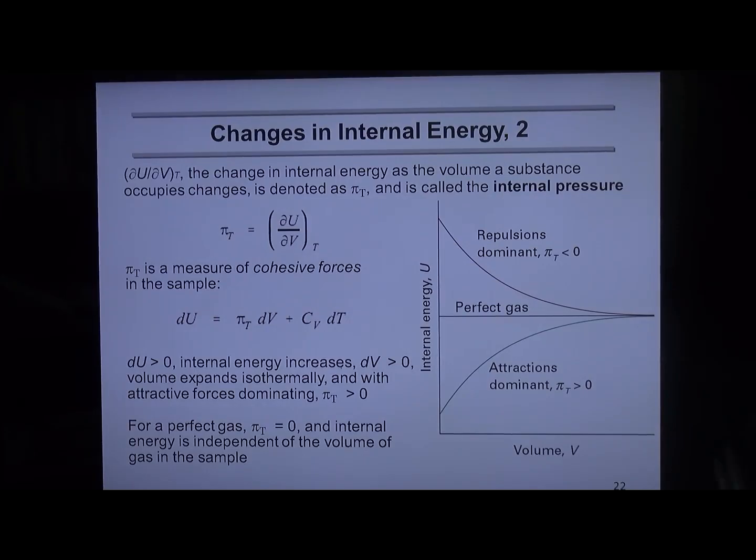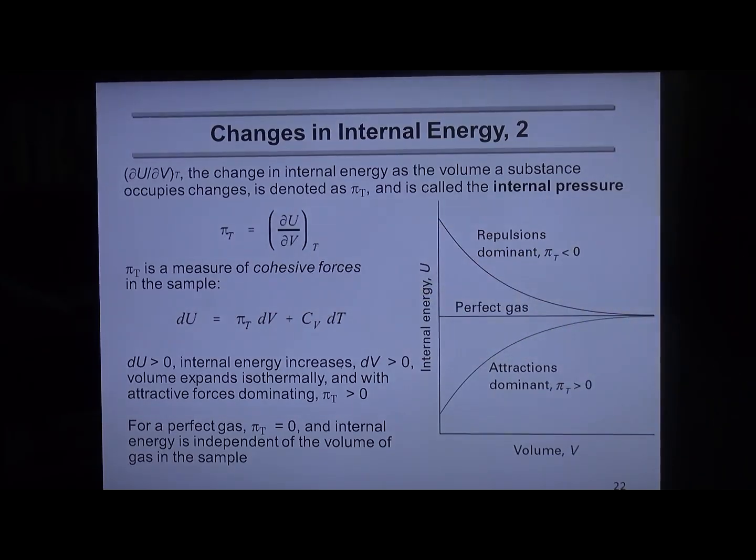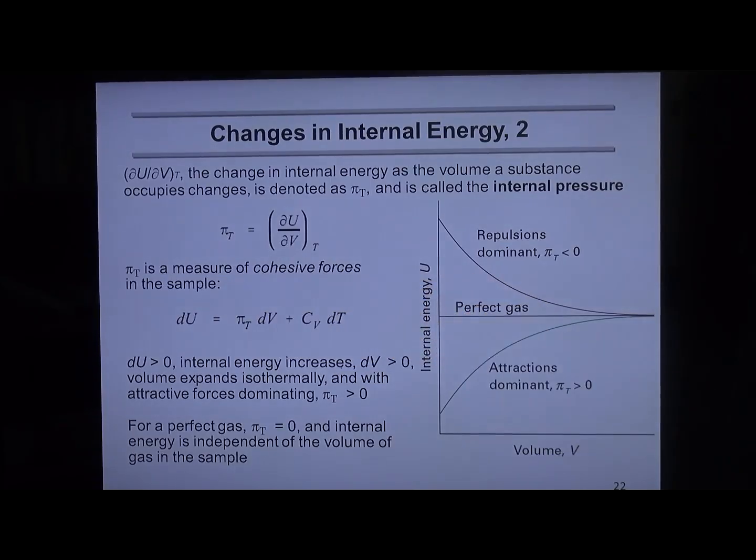Remember, pressure times volume is energy, right? That's why we call this variable internal pressure. One very important meaning about this internal pressure is that it is a measure of cohesive forces in the sample. It represents molecular interactions of real gases.